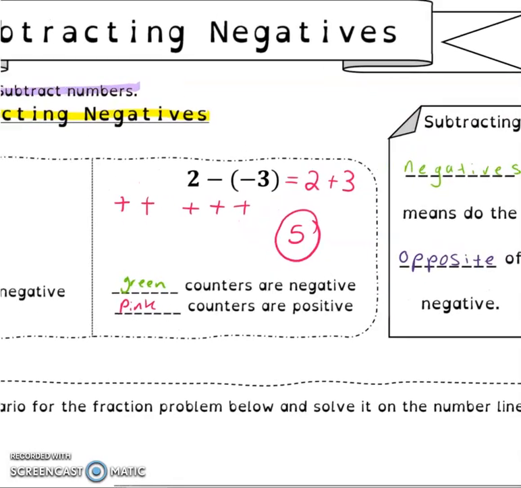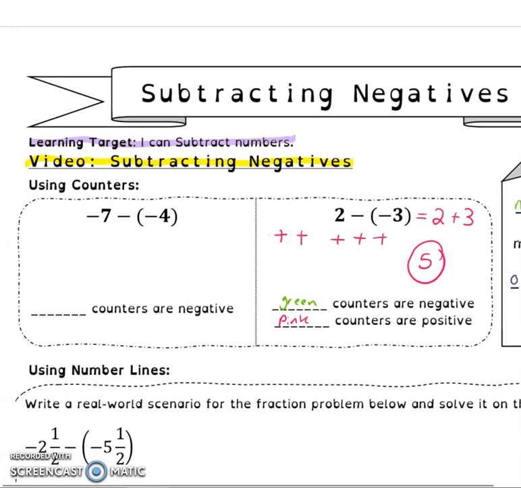So let's go over and try this one now. So over here, we'll keep the same green negatives. So this time we have 7 negatives. 1, 2, 3, 4, 5, 6, 7. And it wants us to introduce -4. So if we're going to take away -4, we have to introduce one of our zero pairs again.